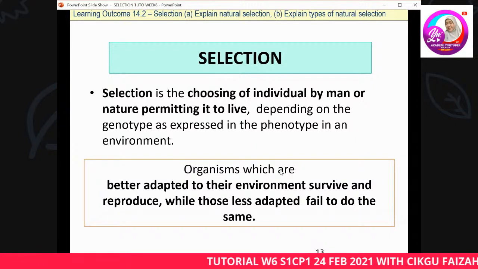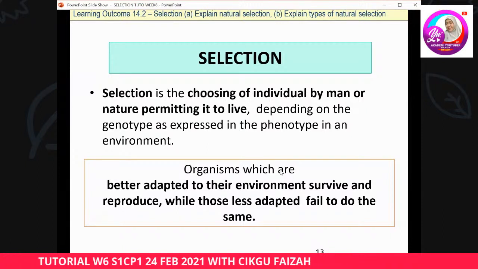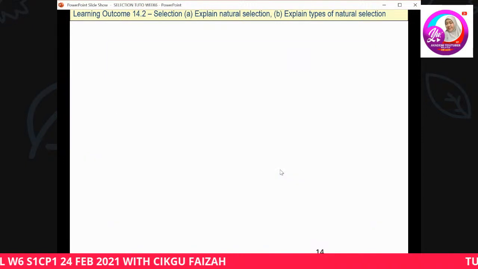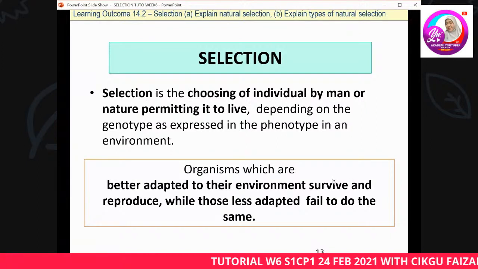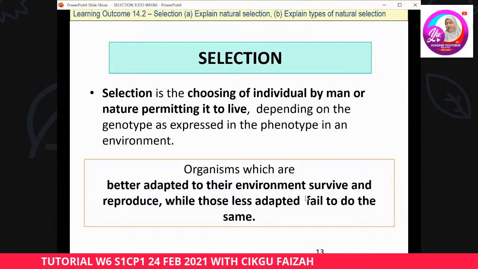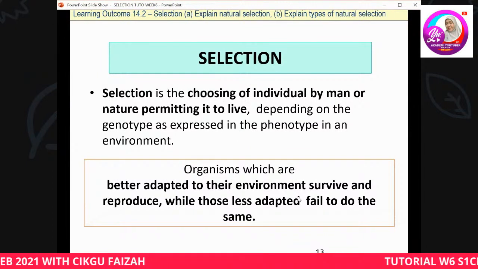Because the female favors the male with the long neck, and they choose for mating. So bila mating, apa berlaku? They can reproduce. They have better adaptation to the environment, boleh dapat makan, kenyang makan, and then reproduce. And when they reproduce, they will contribute to the population. Right?